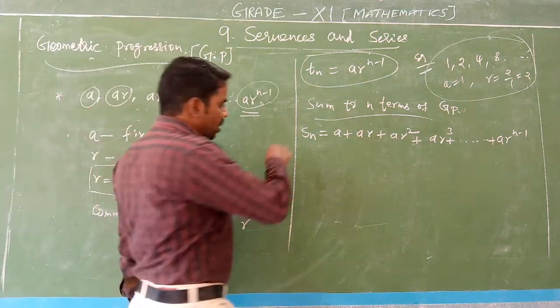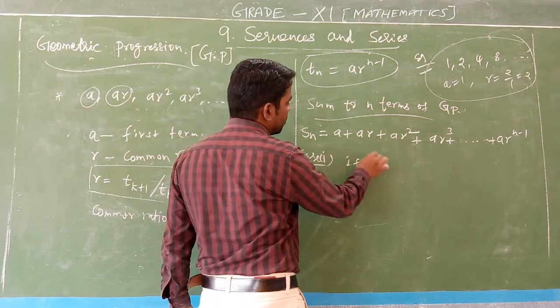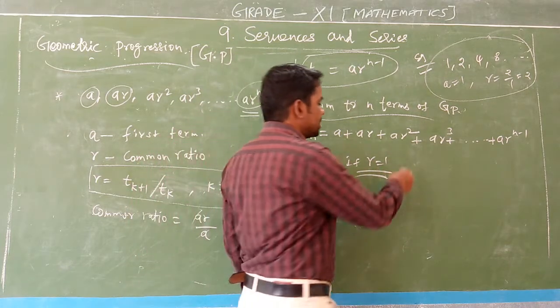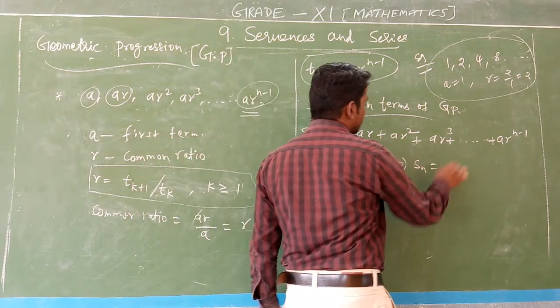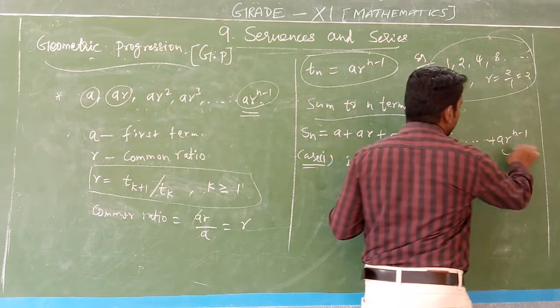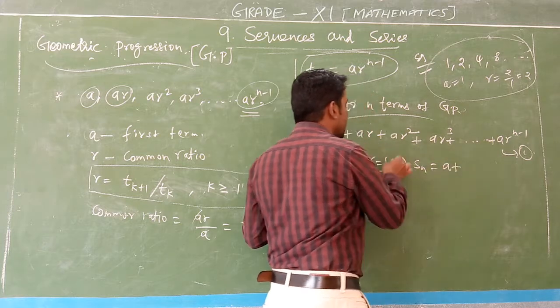Case 1: if r equal to 1, then Sn equals, substituting r equal to 1 in equation number 1, a plus ar, where r is equal to 1.